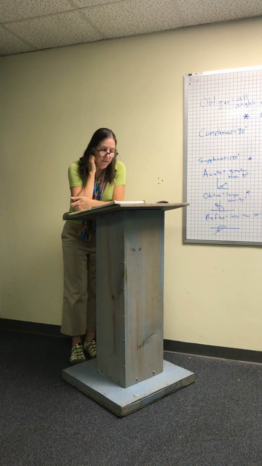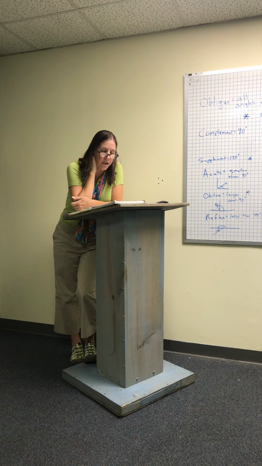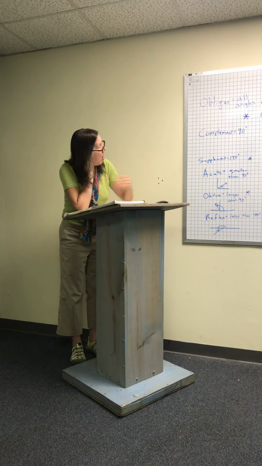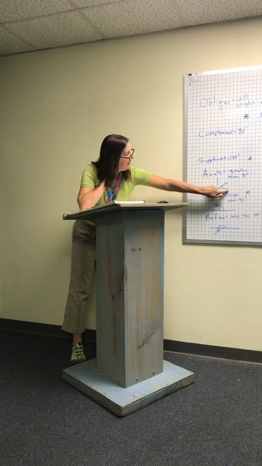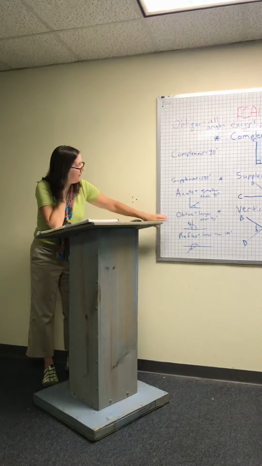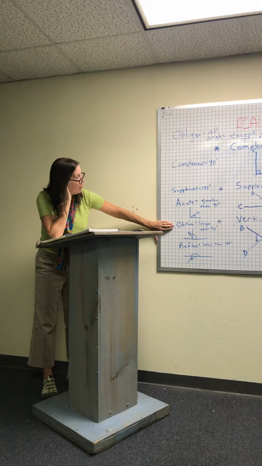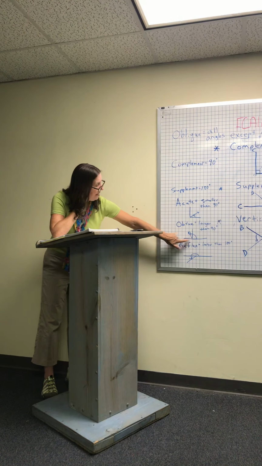Put those with you. Then exercise 1.8: between what two lines expressed in degrees are all acute angles found? Well, we know all acute angles are less than 90, so they're going to be between 0 and 90. Okay? Where are all obtuse going to be found? They're larger than 90, so they're going to be between 90 and 180.